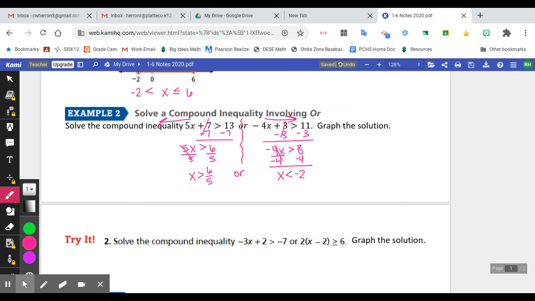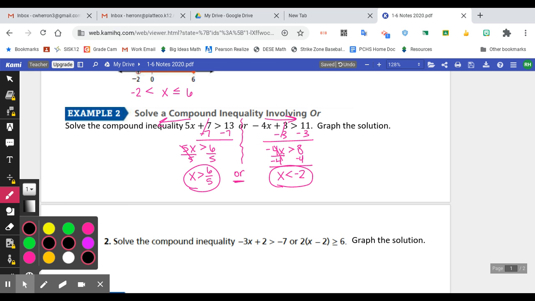So our number that we're graphing needs to be greater than 6/5 or less than -2. So when it's an or, it has to be one way or the other. So it's filled in on both directions. So I'm going to draw my number line. I'm going to put -2, -1, 0, 1, and 2.